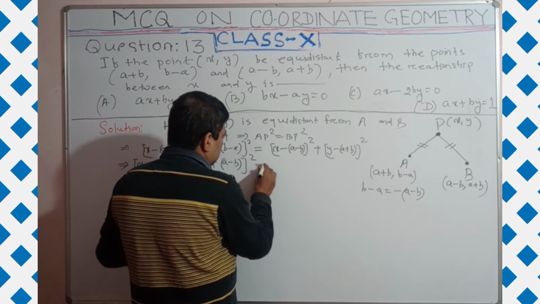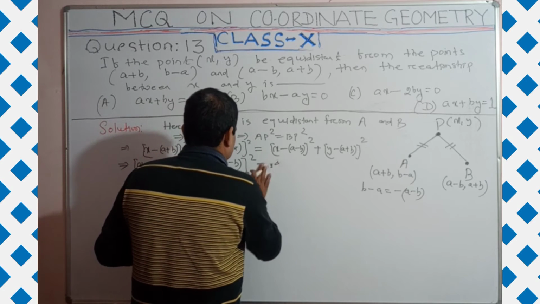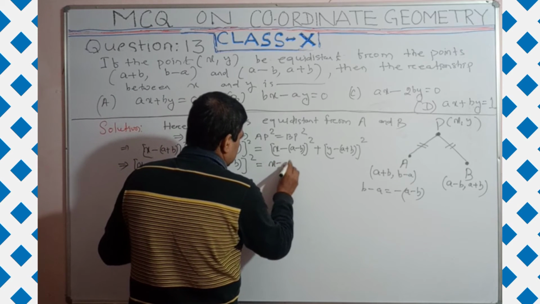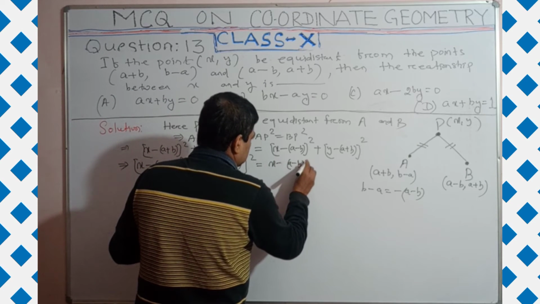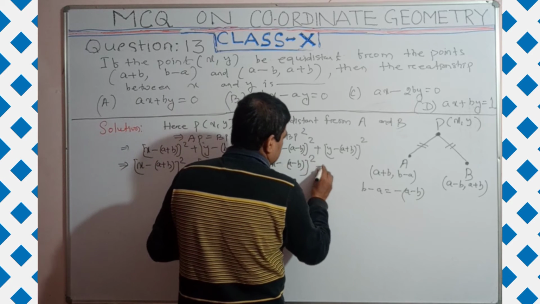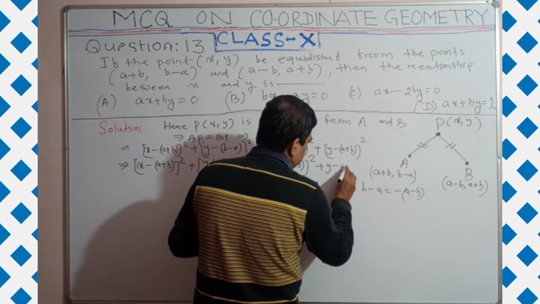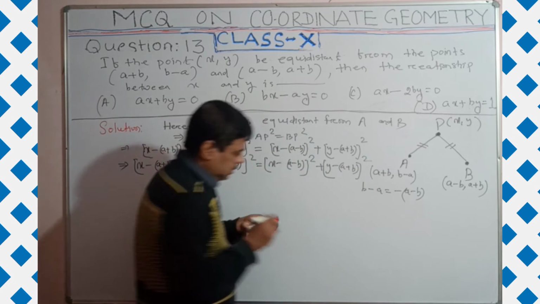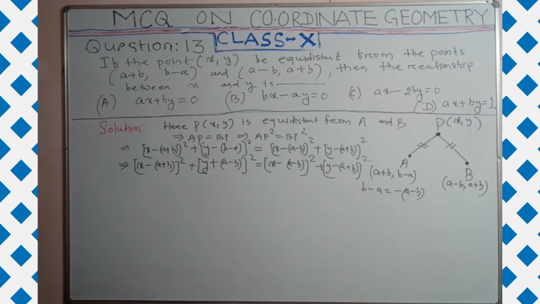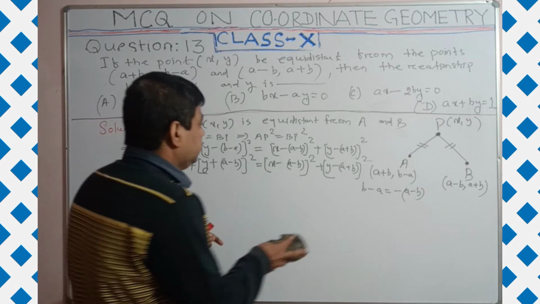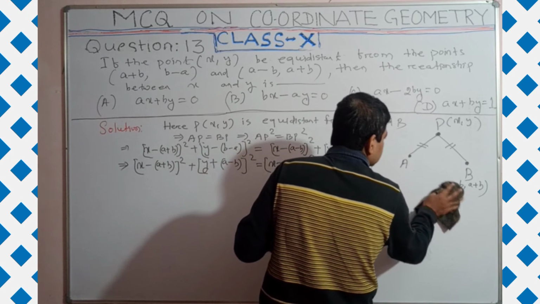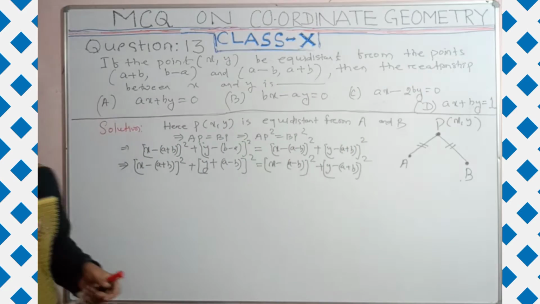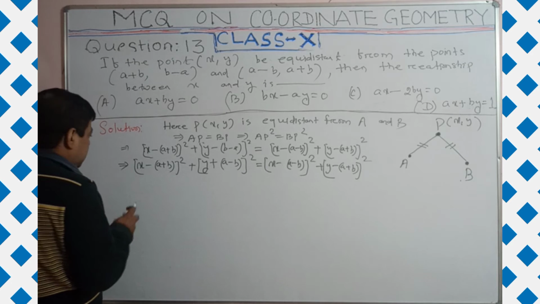Similarly, this is equal to (x - a - b) whole square plus (y - a + b) whole square. Let us rewrite the same thing. Understand? Is it clear? Okay, so let us simplify this one.